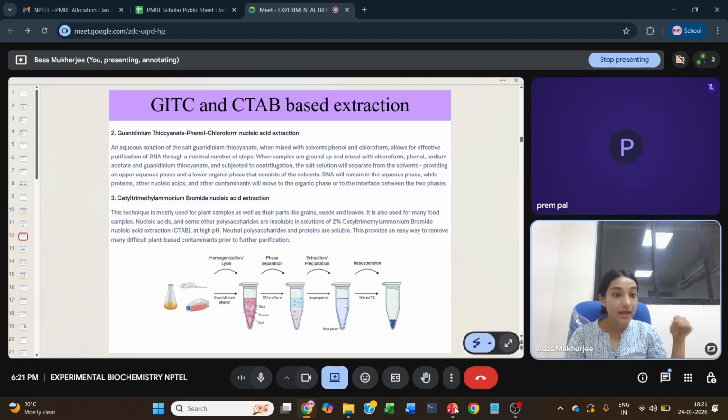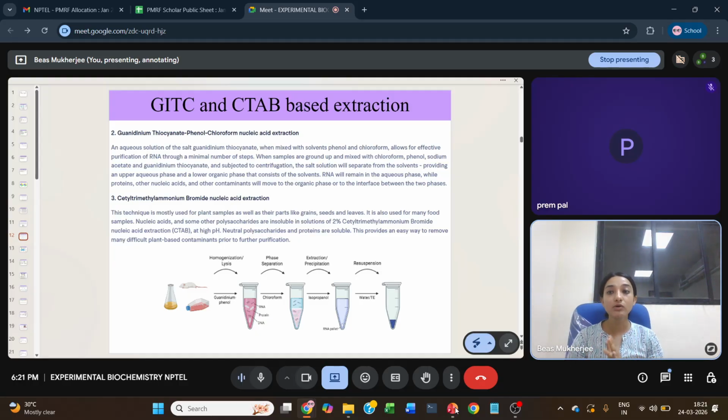In between, at the junction of the two layers, there is protein, and in the organic phase, there is your DNA. Now what happens? You precipitate it. So you add isopropanol. Then RNA forms a pellet, and the rest of it is just solution. Then you resuspend it and you get whatever you want.